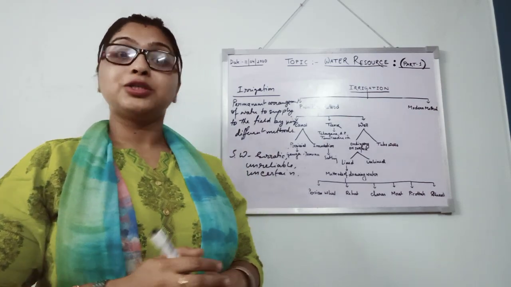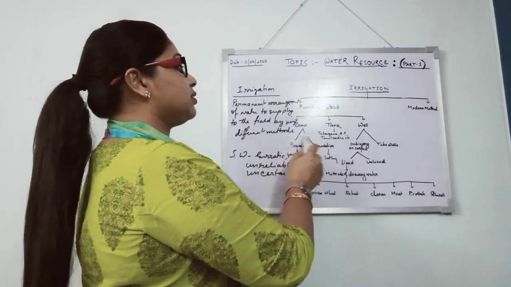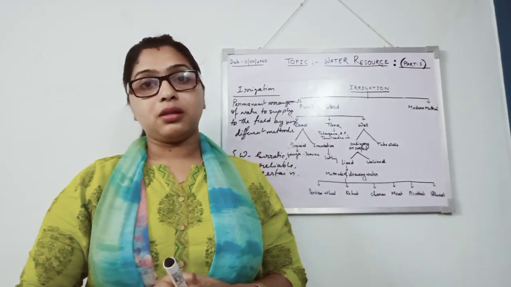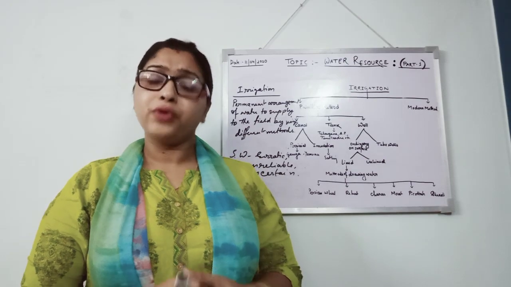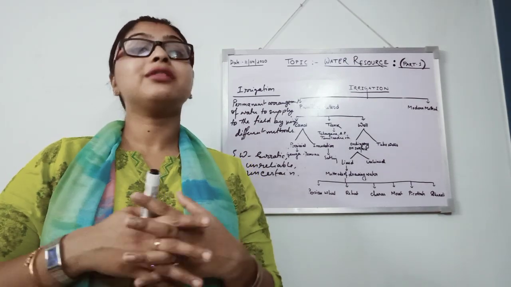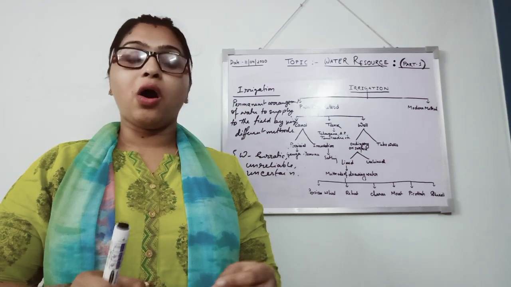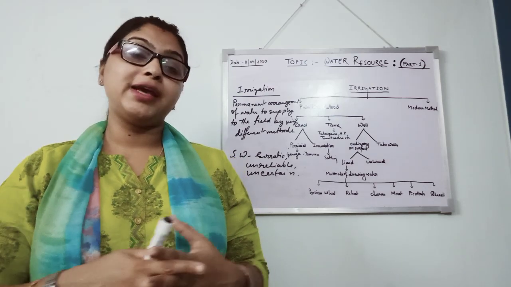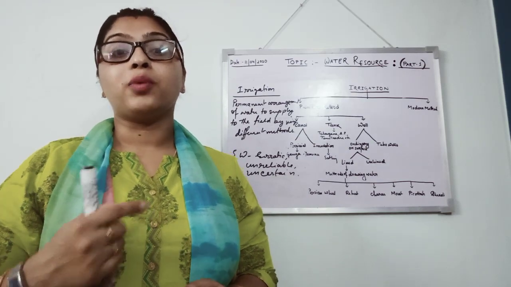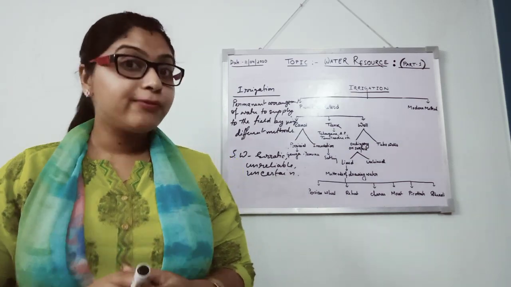Clear? So first I will tell about canal irrigation. What is a canal? Canal means whenever we divert rivers, or make some ways to divert the water channel to supply water to the agricultural field.